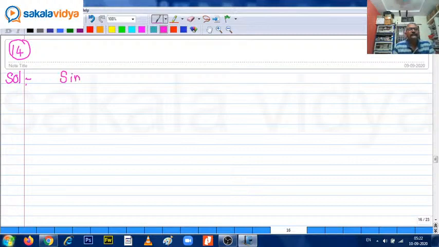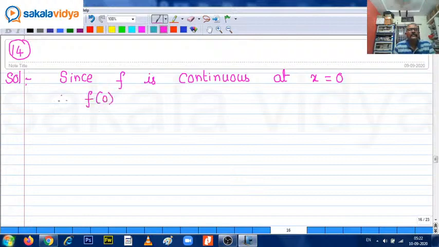Since f is continuous at x is equal to 0, therefore f of 0 equals the limit as x tends to 0 of f of x.